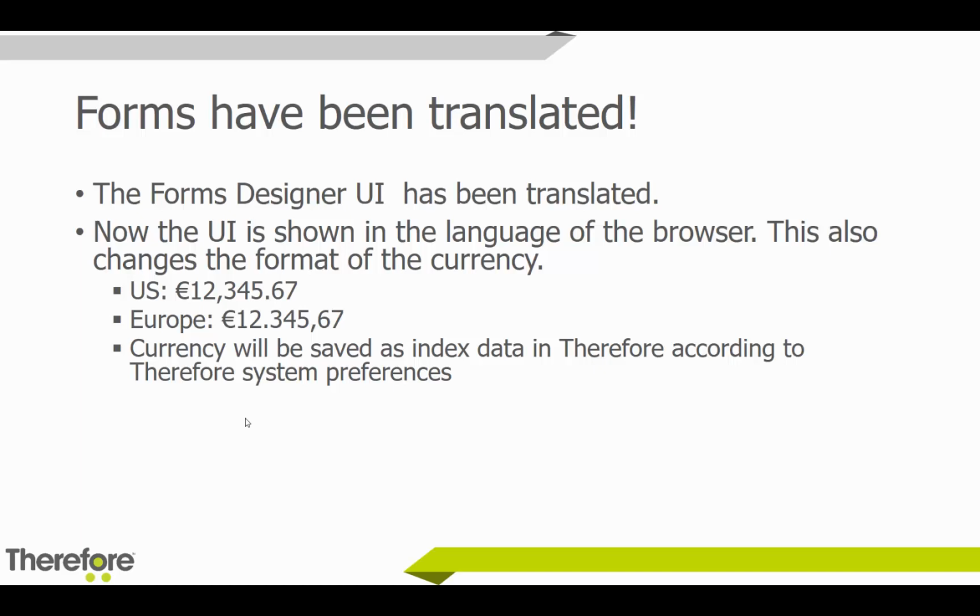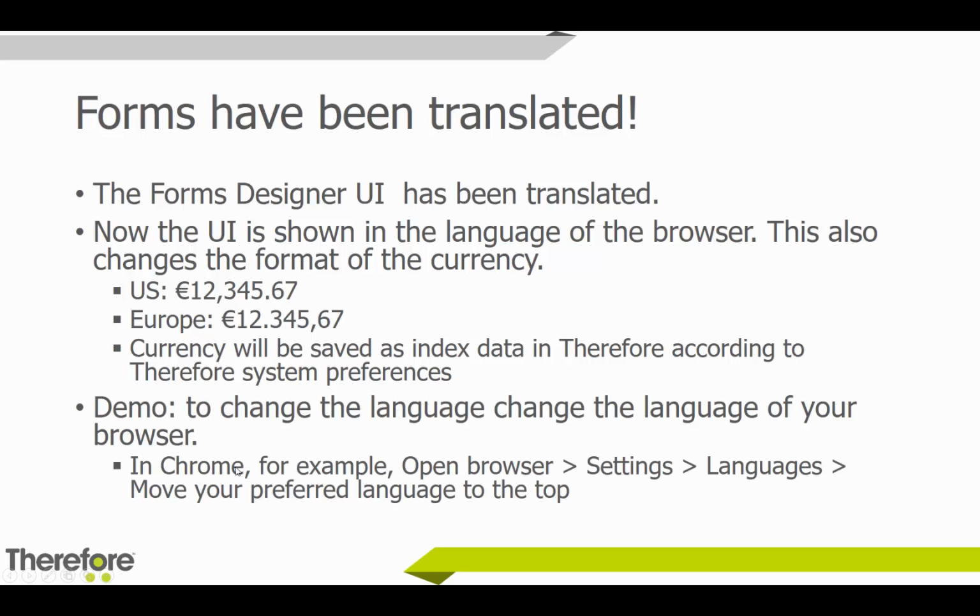So don't worry about that. In the end, all of the data input will be saved the same to the therefore system. So you're not going to have different entries depending on the browsers, but for the users, the currency amounts will be shown in the way that makes sense to them according to their system preferences.